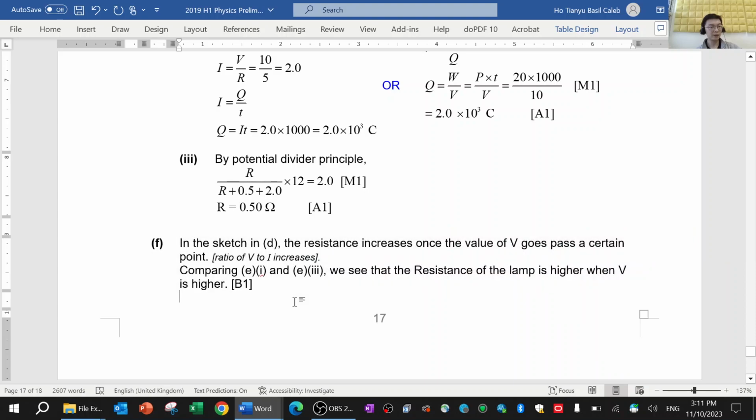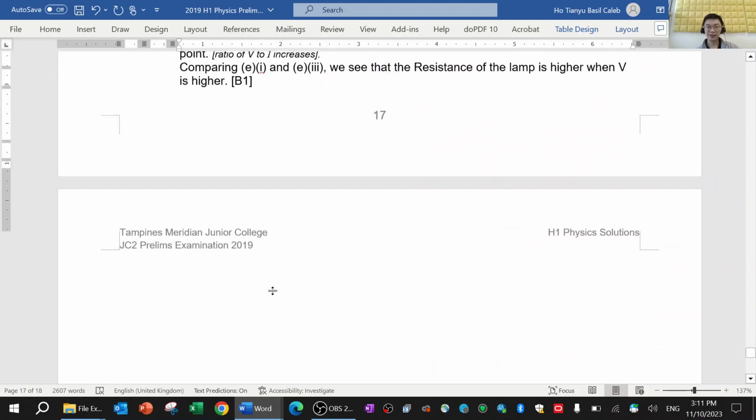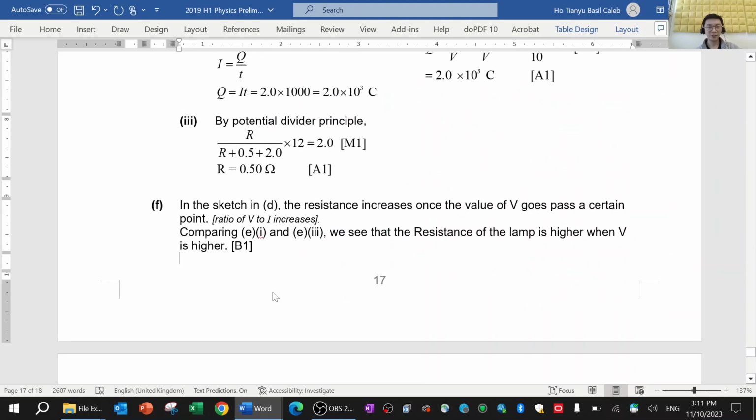You may or may not want to include it, see if you have time and space on your answer script. Once you have this, then you know what you are looking for. In E part 1 and E part 3, we see that the resistance of the lamp is higher. In E part 1, the resistance of the lamp is higher when the voltage across it is higher.